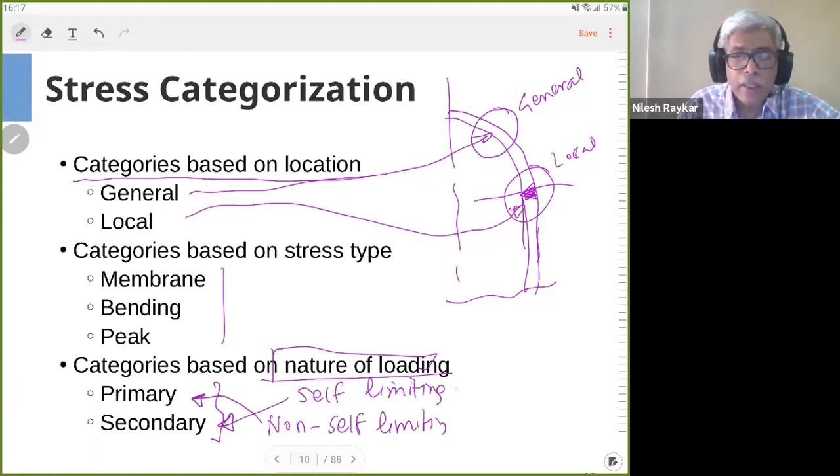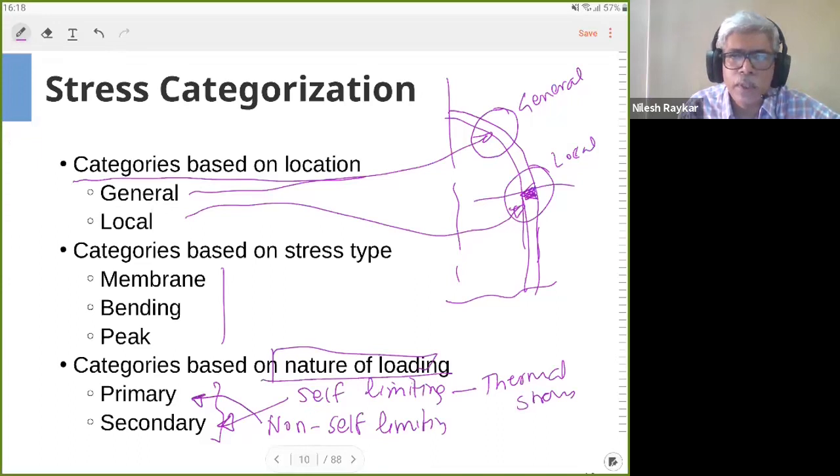The secondary category are self-limiting loads. Examples are thermal stresses or any displacement induced stresses. If you have some machinery attached and that machinery pulls the equipment by controlled displacement, that becomes an example of secondary loading. Why is it called self-limiting?